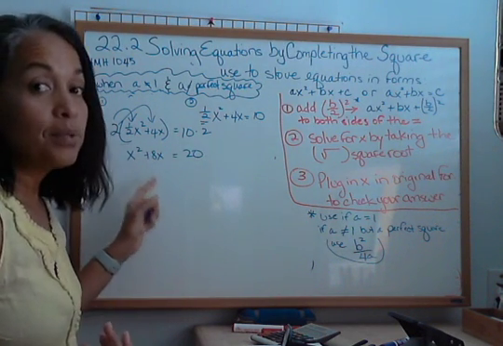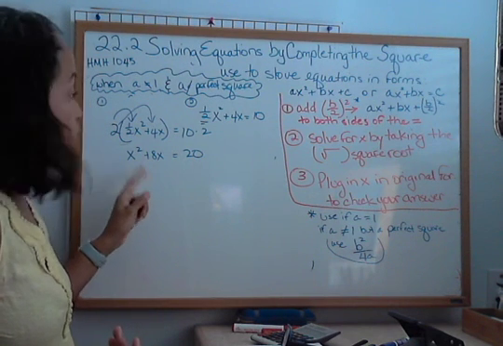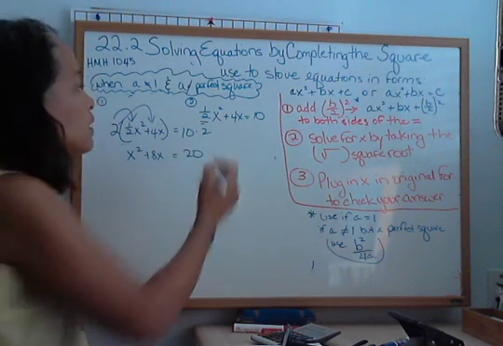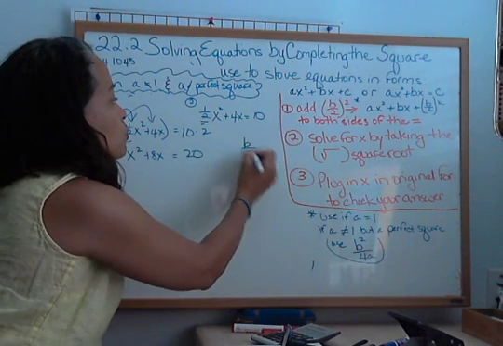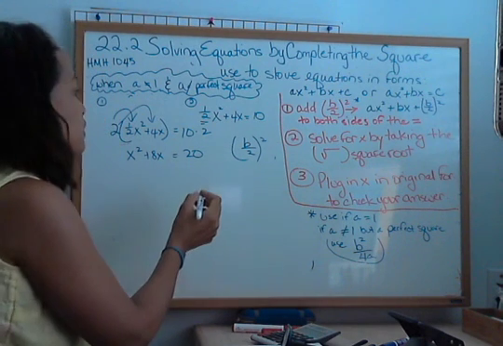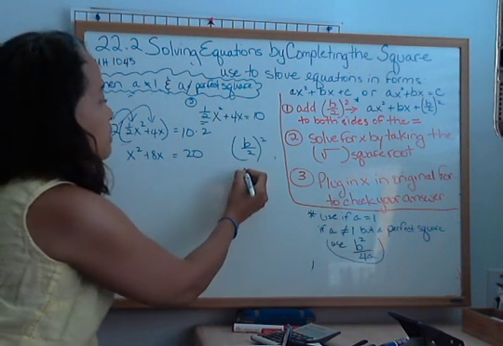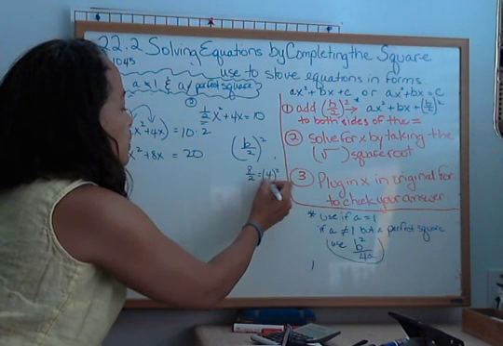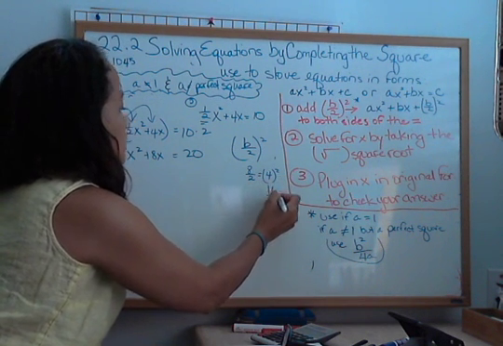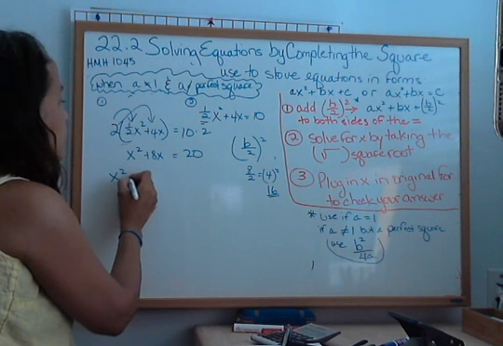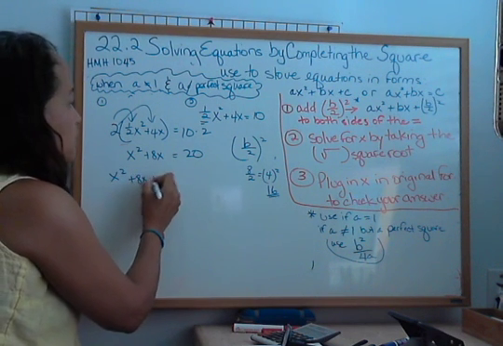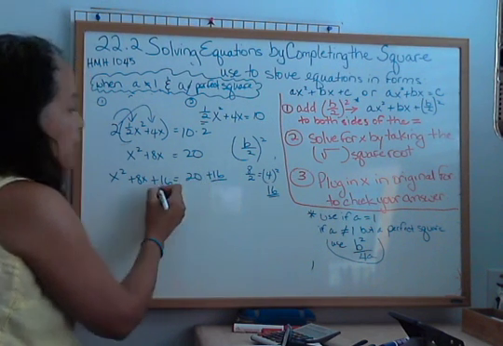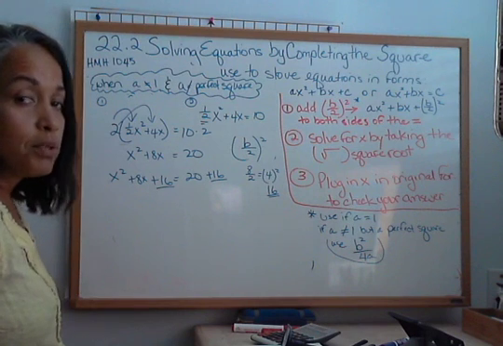Now I need to complete this square here, but I have a equals 1, so I use this b over 2 squared to complete the square. So my b is 8. 8 divided by 2 is 4. Squared is 16. So I have x squared plus 8x plus 16 equals 20, also plus 16. I added the 16 to both sides to complete the square.